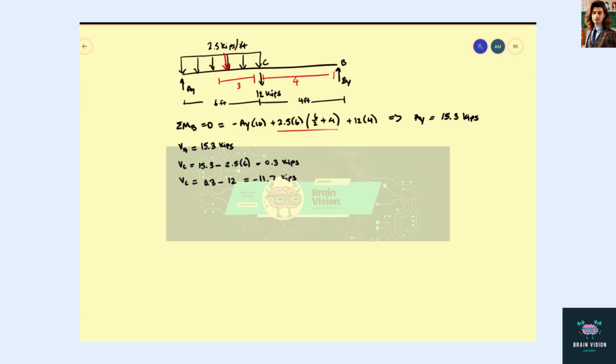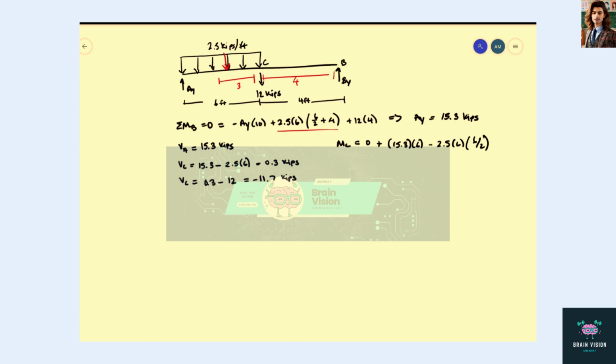Now for our bending moment, from point A to point C, it's going to be parabolic. So the moment at A is going to be 0. So now at MC, we have then 0 plus 15.3 times 6 minus 2.5 times 6 times 6 over 2.